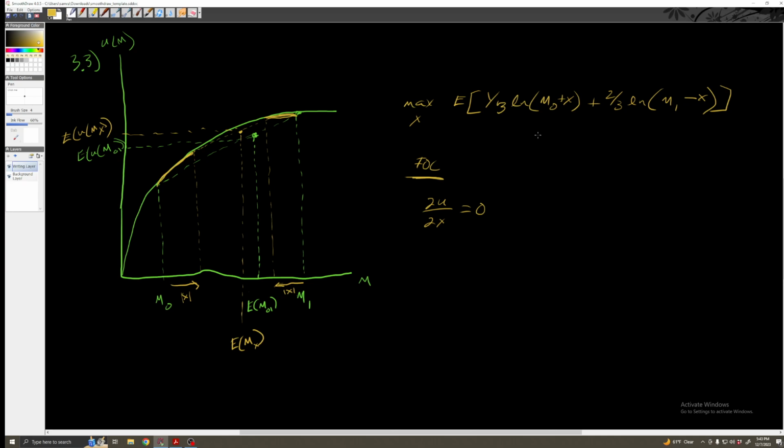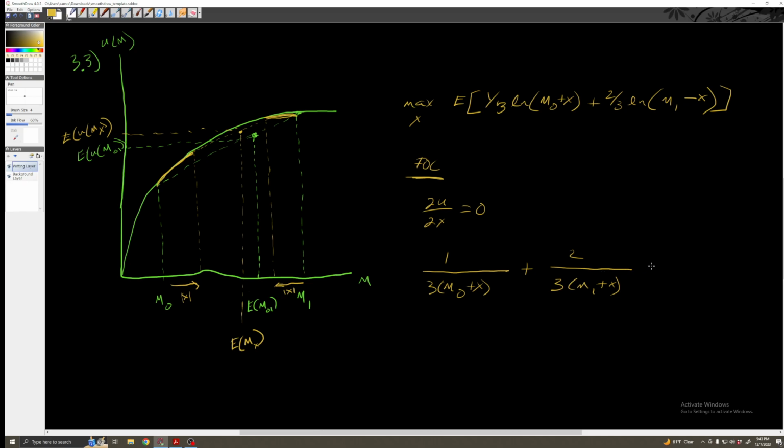We have to use the chain rule to calculate the derivative here. So it's going to be 1 over m sub 0 plus x times 1/3, right? Let me double check this. I'm pretty sure this math's right. Plus 2 over m sub 1 minus x, times the derivative of the inside of this function, which gives 2/3, right?